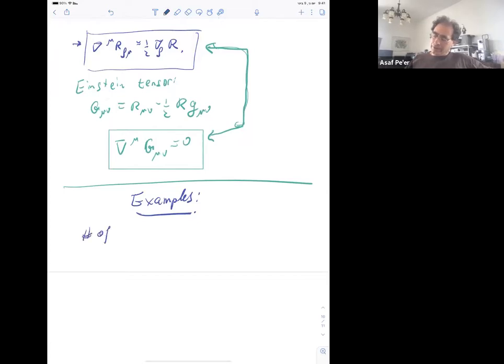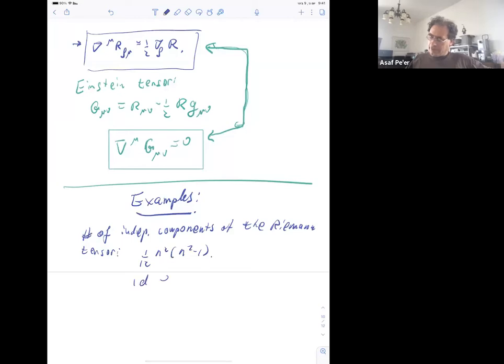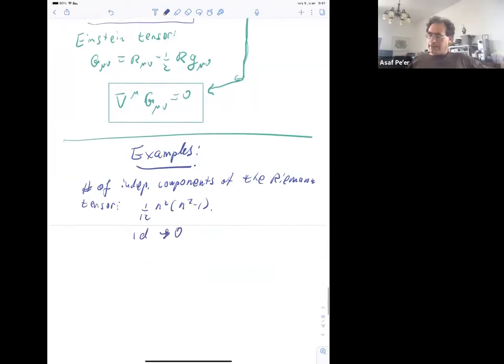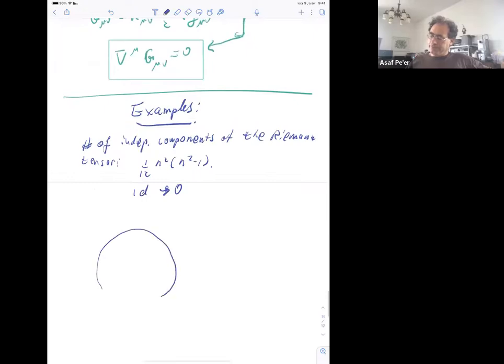Number of independent components of a Riemann tensor: in one dimension, zero. I'm taking a curve. It's a one-dimensional curve. It's not two-dimensional. So if I'm an ant, I can go either this way or this way.